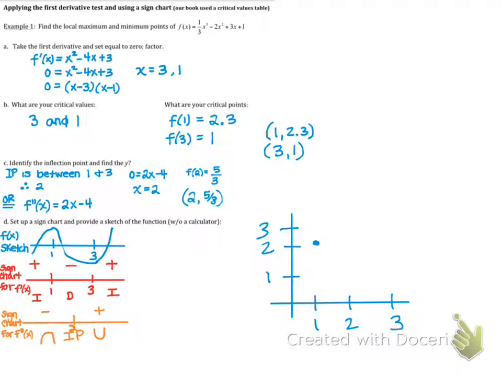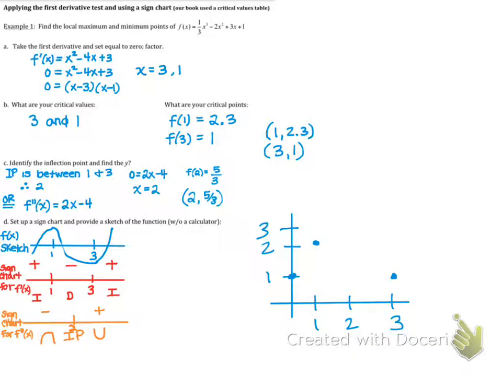And then we have 3, 1, which is about right here. And then we're going to take it one step further, and we're actually going to find our y-intercept. So since this is the original, I'm just going to look up there. Y-intercept is where we plug 0 in for all the x's, and it's very easy to see it's that constant, which is 1.